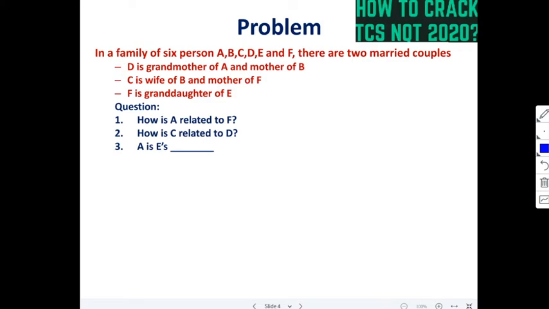In a family of 6 persons, A, B, C, D, E and F, there are 2 married couples. So this is one input.